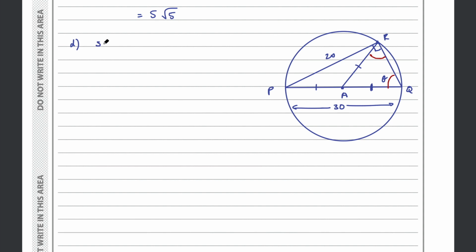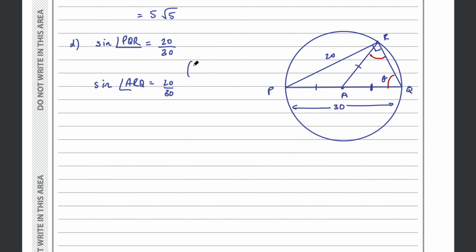So the sine of angle PQR would be the opposite side, 20 over 30. And we've said that's equal to ARQ, so therefore the sine of ARQ will also equal this, 20 over 30. So we can say the sine of ARQ will equal 20 over 30 as well.